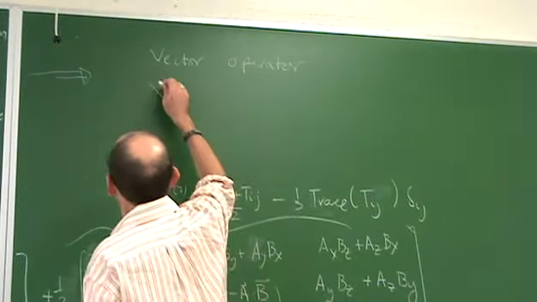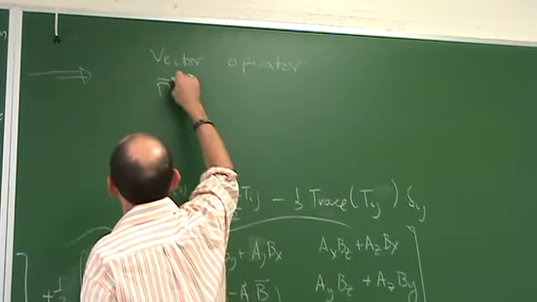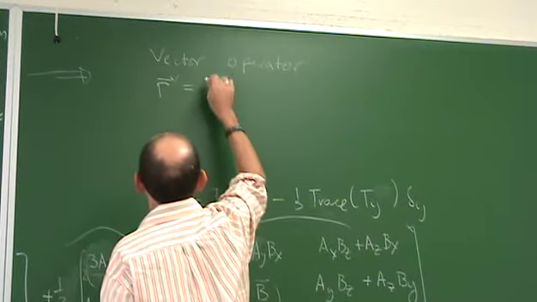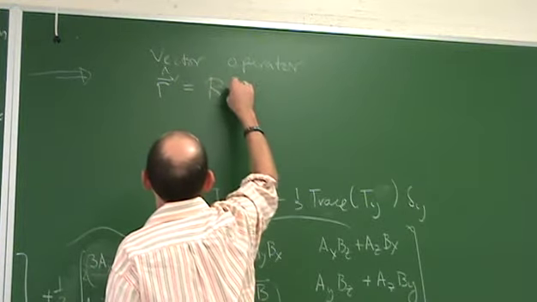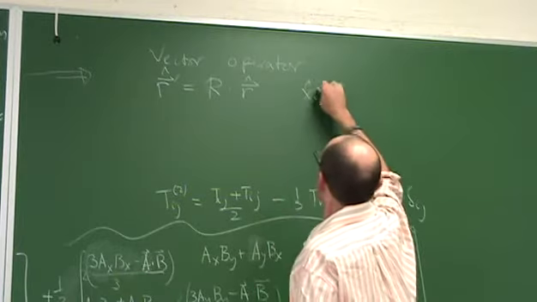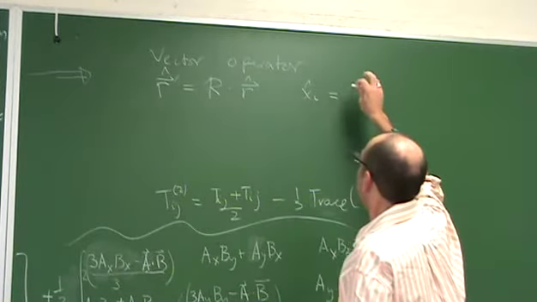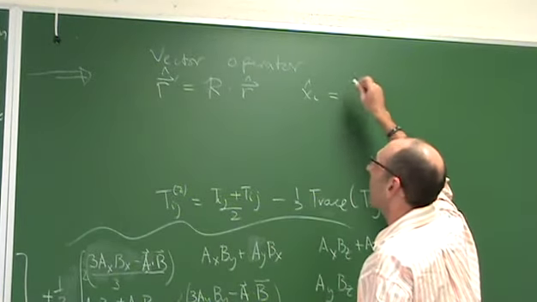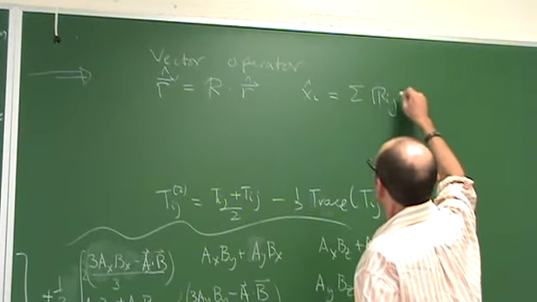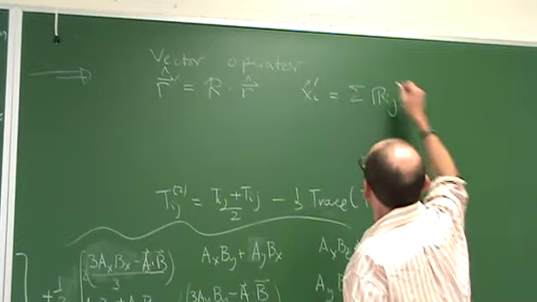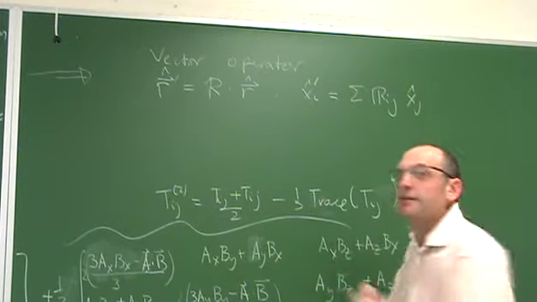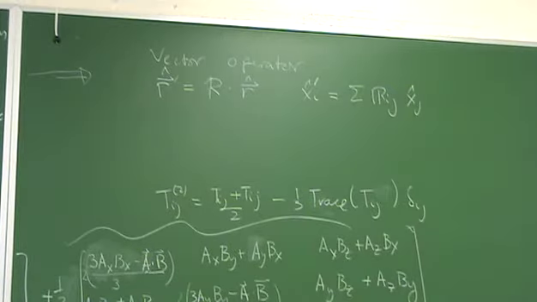So the position operator transforms according to some rotation. That's to say the components, the x observable, the y observable, and the z observable transform under a rotation such that the new coordinates are related to the old coordinates according to a rotation matrix.